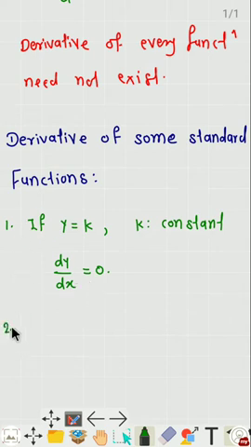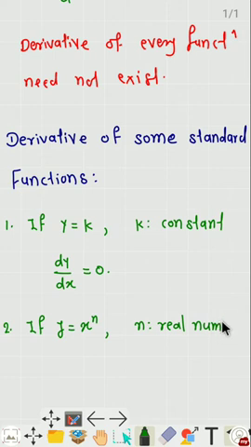Now second, if our function is like this, if y is equal to x raised to the power n, where n is some fixed real number, then the derivative of y with respect to x is equal to n times x raised to the power n minus 1.